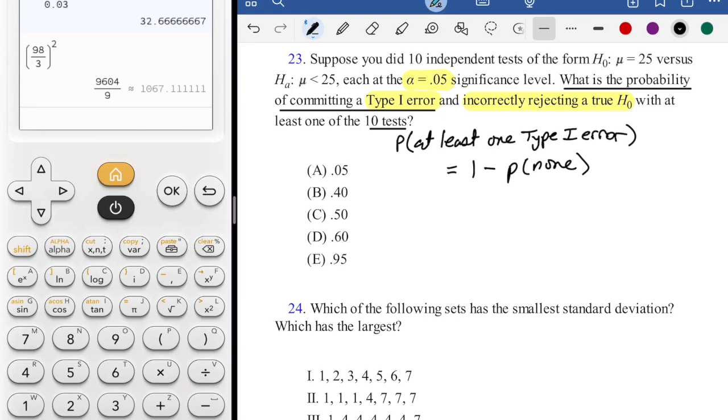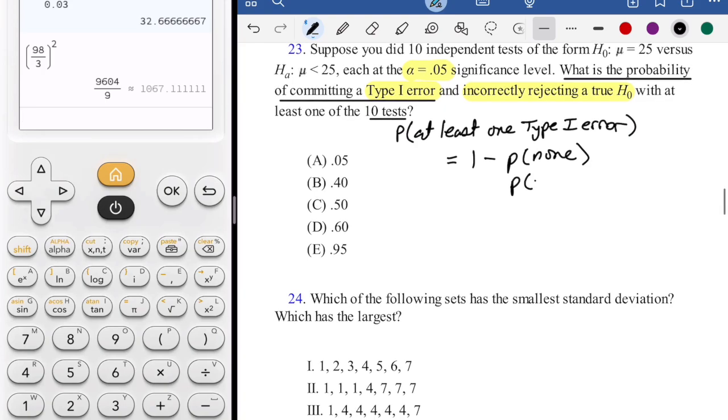But the probability of not a type 1 error, a single time, would be 0.95.